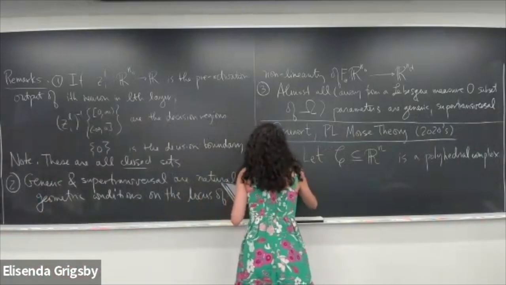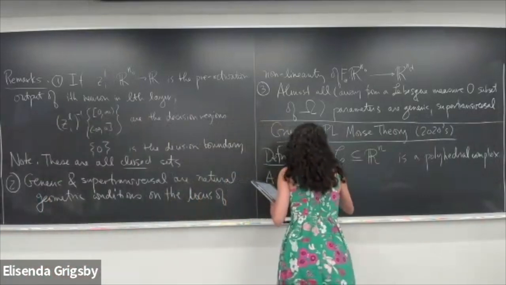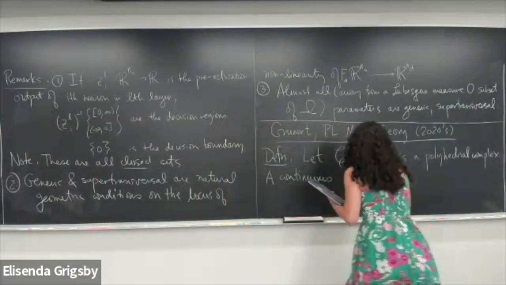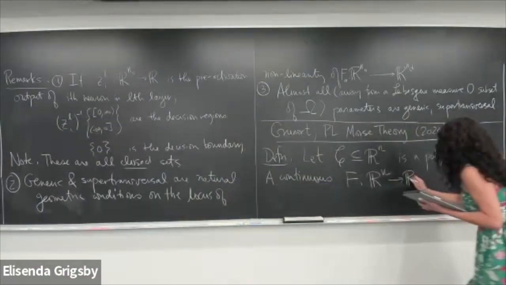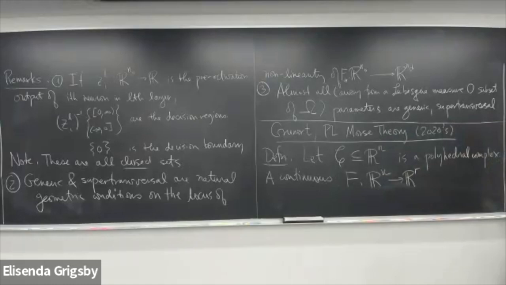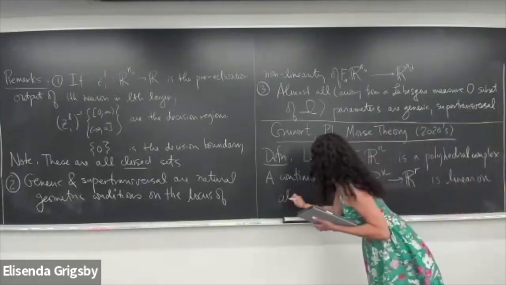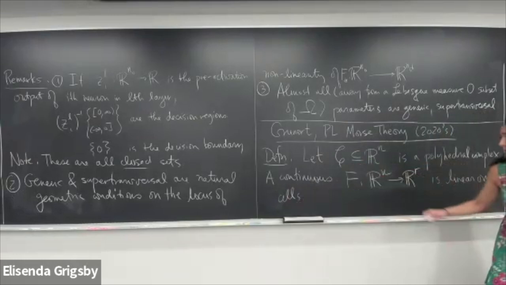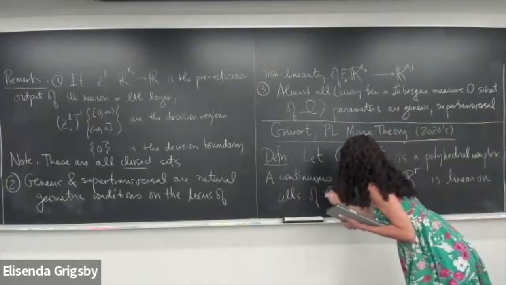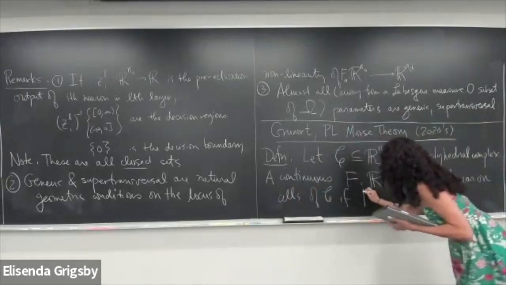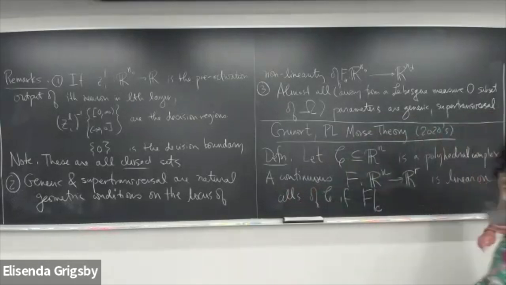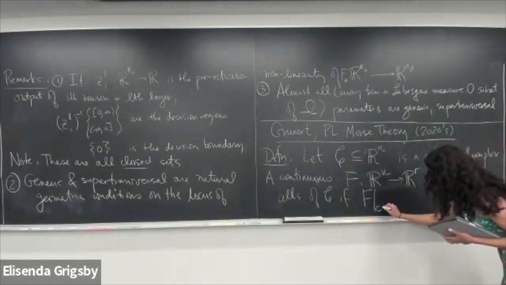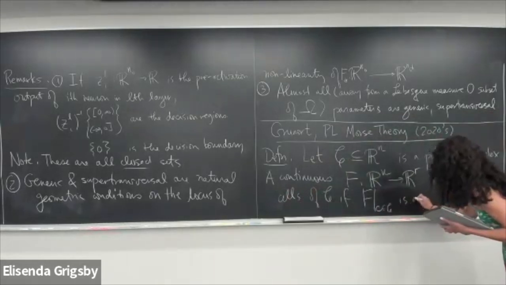Then a continuous map from R^n to some other R^r, say, is said to be linear on the cells. So remember, when I say a cell, I just mean one of the polyhedral sets in the complex, on the cells of C, if whenever you restrict F to a cell, it's affine linear.